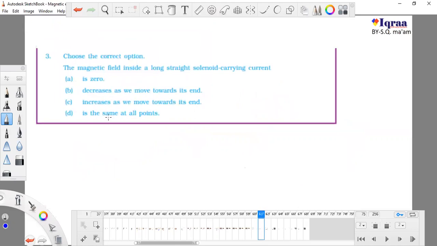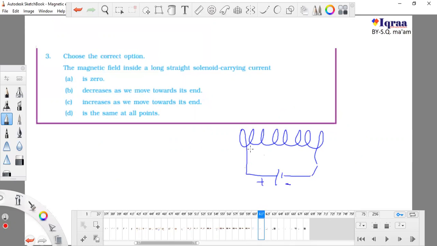Next question is very simple. Magnetic field lines inside a long straight solenoid carrying current: you can write me the correct option. I'm giving you 1 minute.